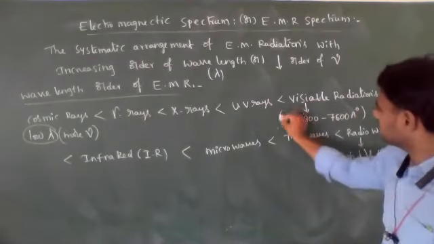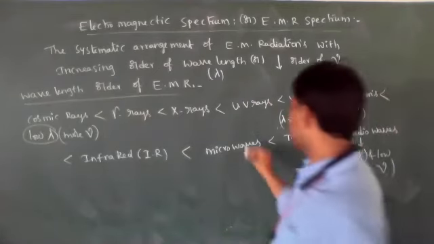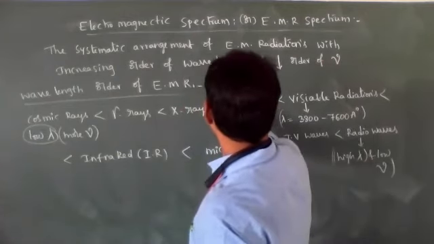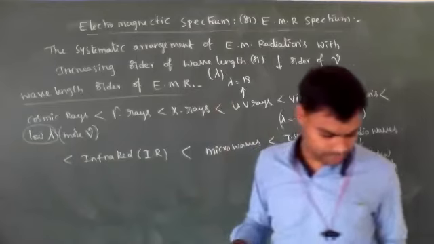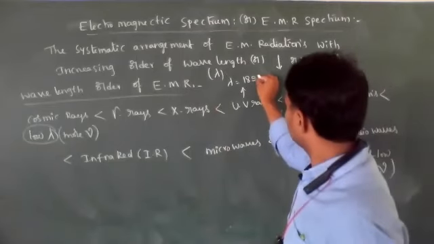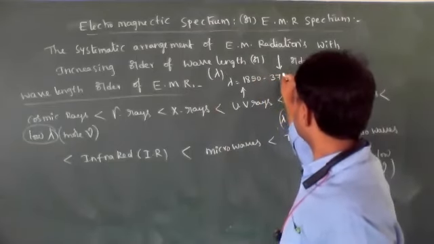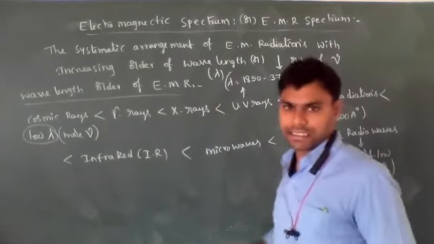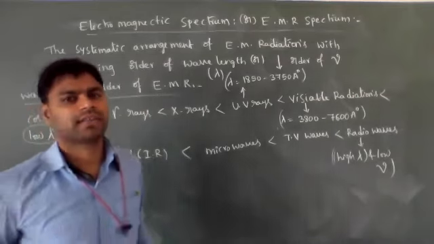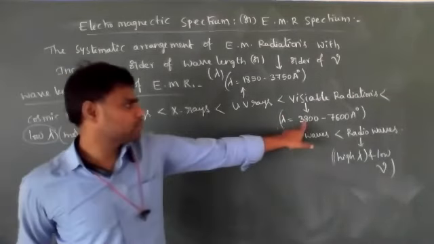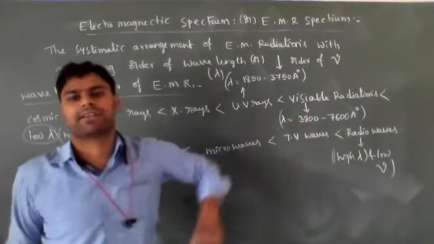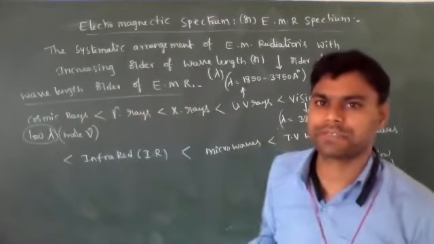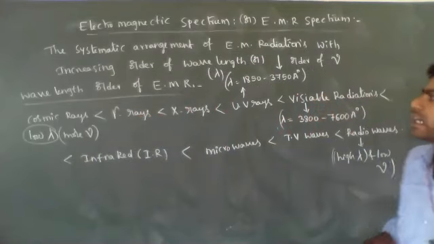And for UV radiations, the lambda range is 1850 to 3750 angstroms. Just remember this range; it is not that important, but sometimes they will ask the wavelength range of visible radiations. So this is the importance of the electromagnetic spectrum.